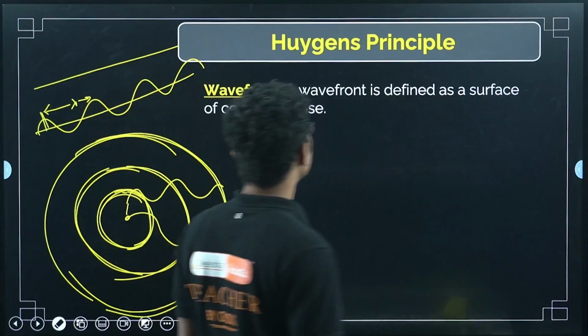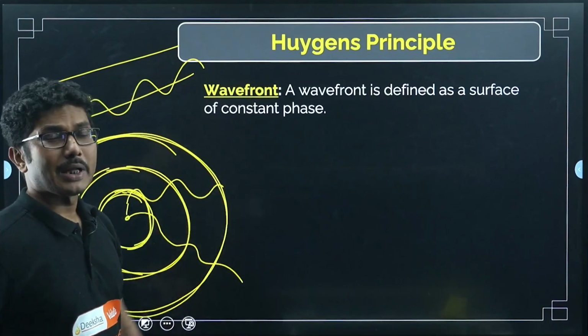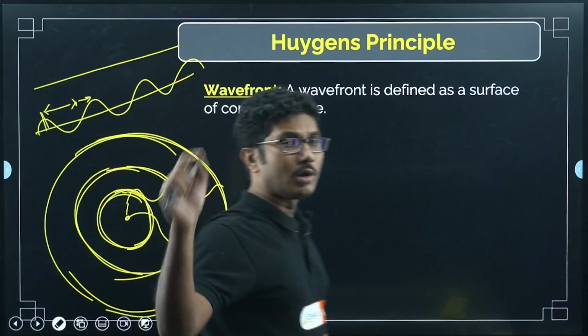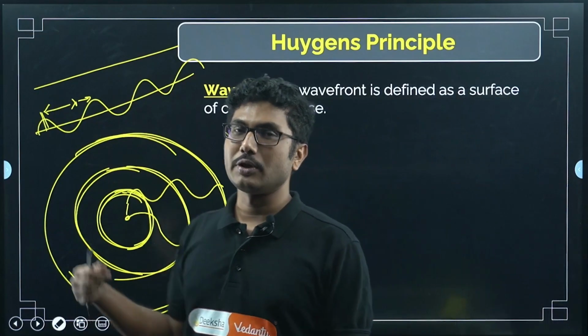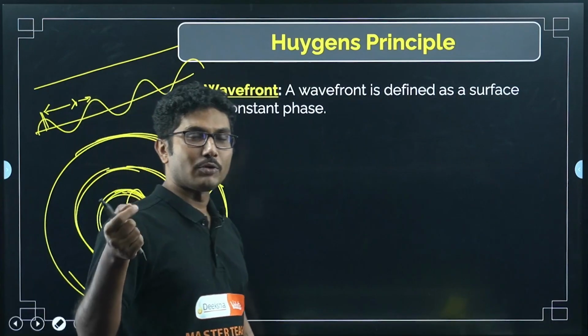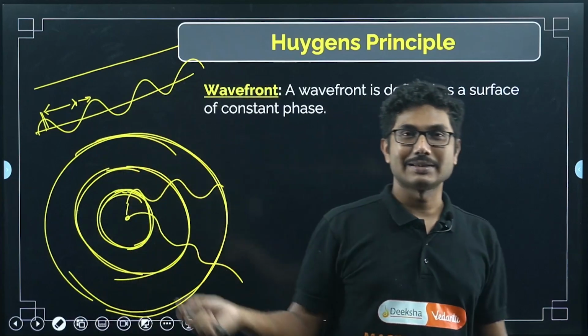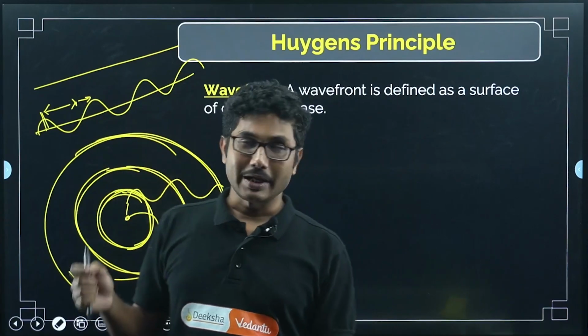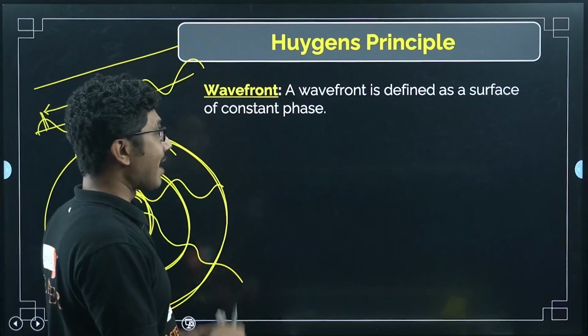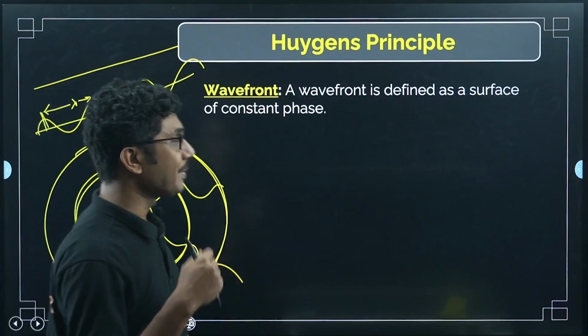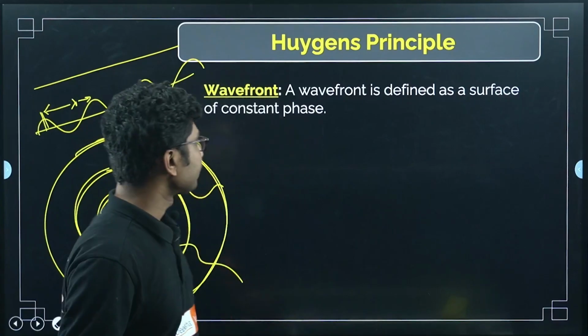It is also sometimes called the locus of all points at the same phase. Locus is a mathematical term. If you are familiar with locus, straight line, hyperbola, parabola, there we define them as the locus of some point. So the locus of all the points having the same phase is the mathematical definition of wavefront.